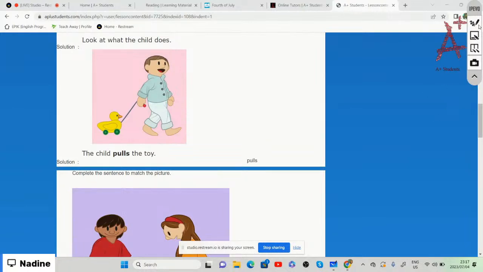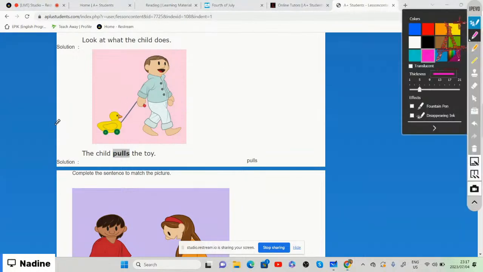So the string that we see, this little string over here, indicates that he is pulling the toy, especially since the little duck toy also has little wheels on. So the child pulls the toy.